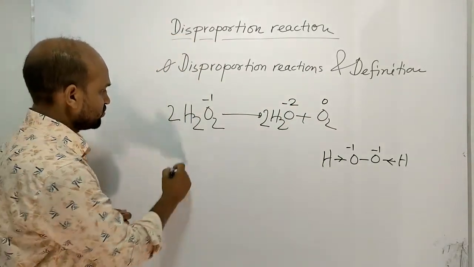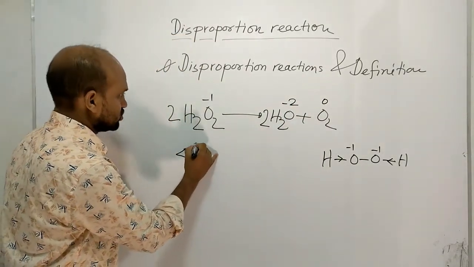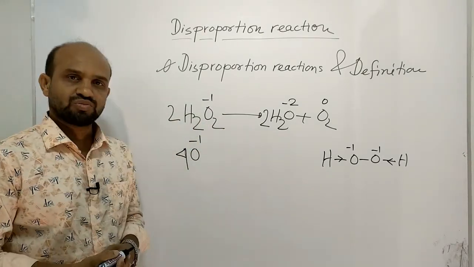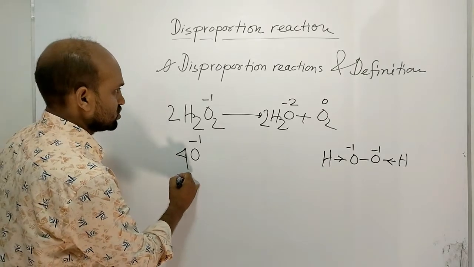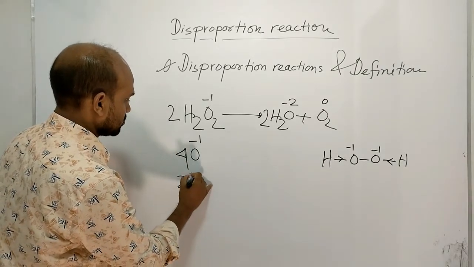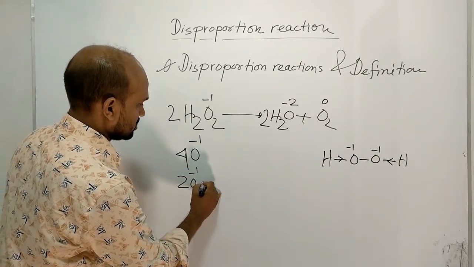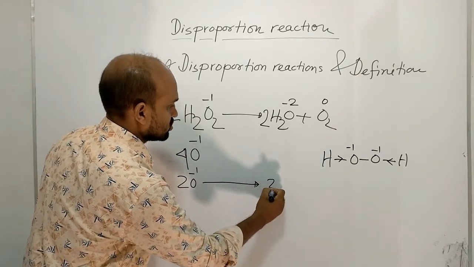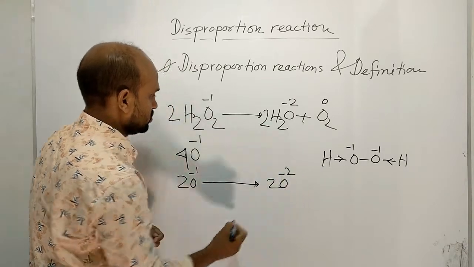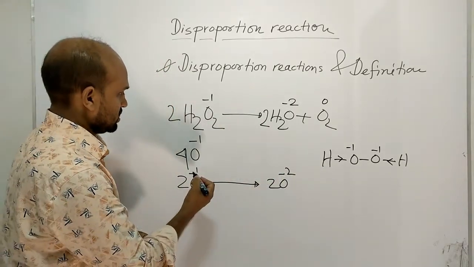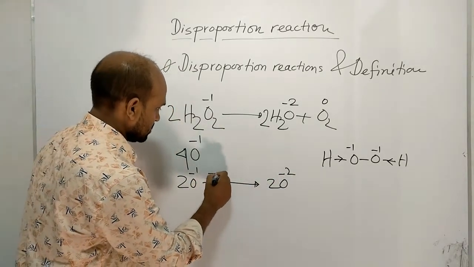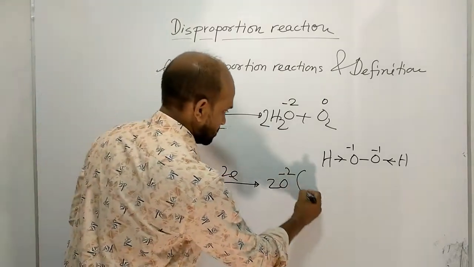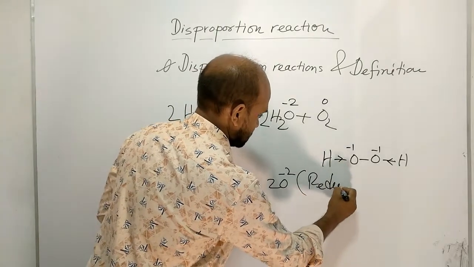So a total of 4 oxygen atoms with oxidation number -1. Out of these 4, 2 oxygen atoms with -1 are changed to -2, accepting 2 electrons. So this is reduction.